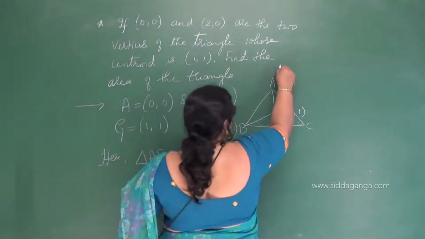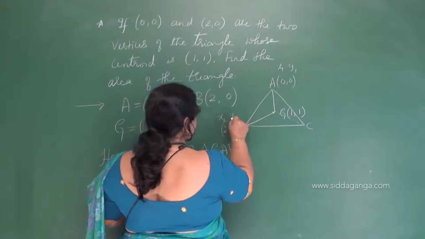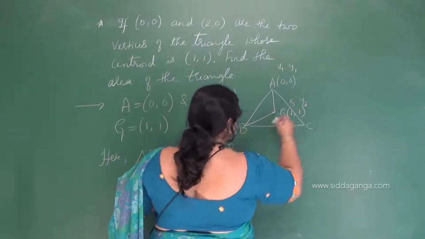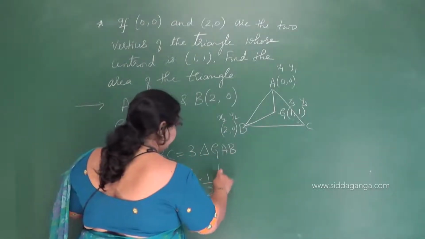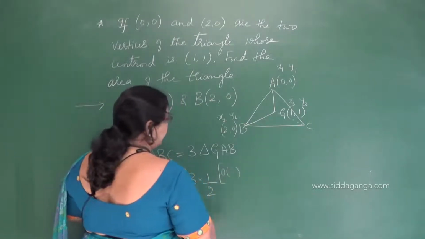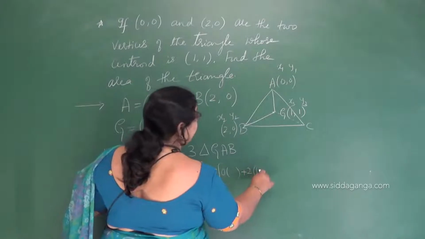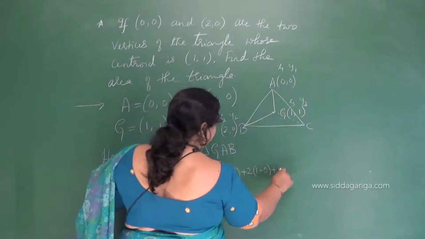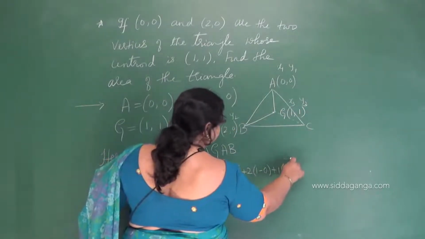Take this as x1 y1, this as x2 y2, and this as x3 y3, and use the area of the triangle formula. Half into x1 into 0, any number into 0 is 0, x2 value 2 into y3 minus y1 plus x3 into y1 minus y2, that is 0.